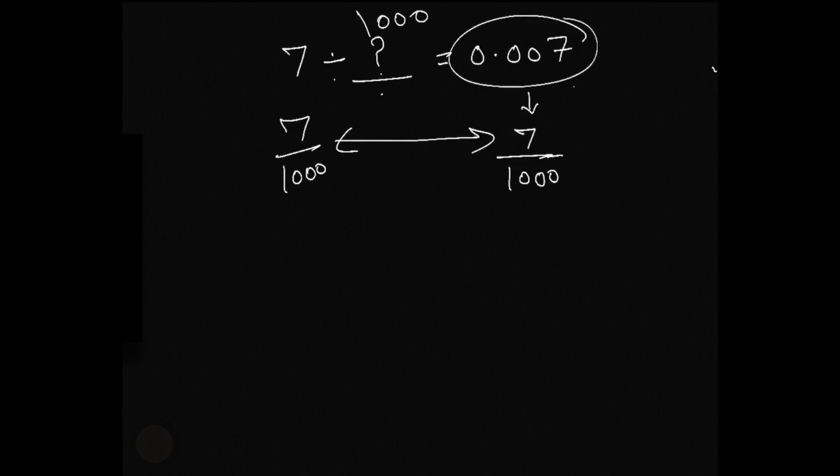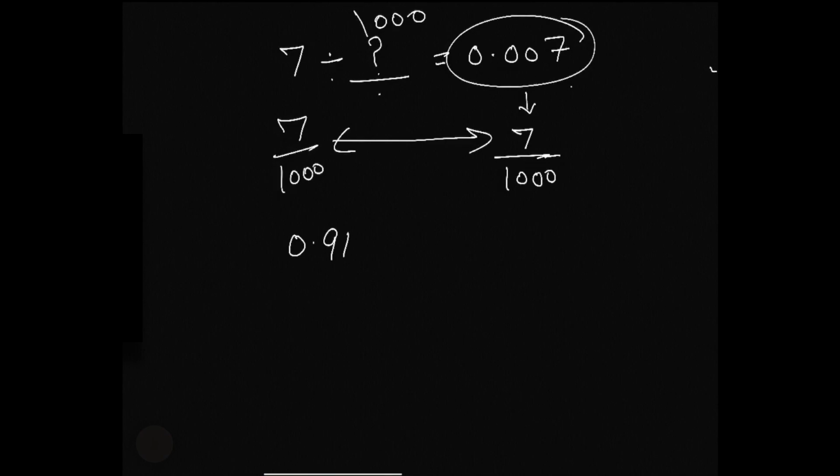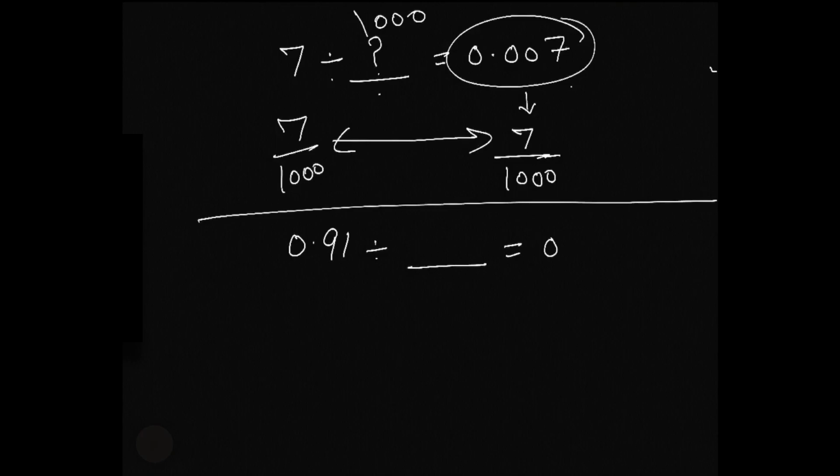Let's take one more example. If I say 0.91 divided by which number gives you 0.091. Now again see here, 0.91 means 91 by 100, right? And here I have 91 by 1000.